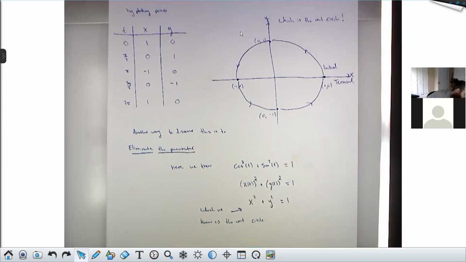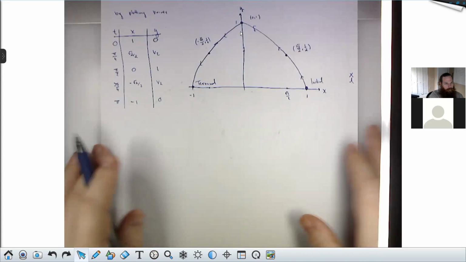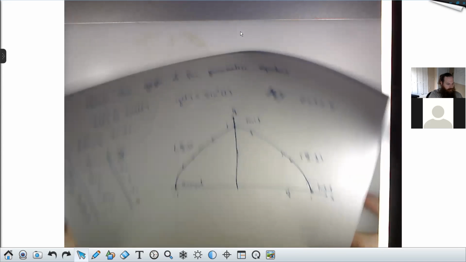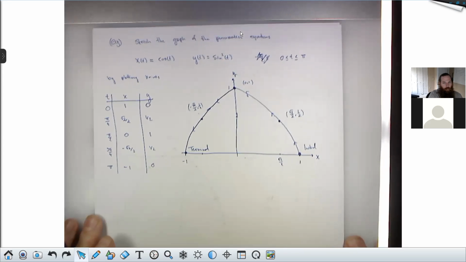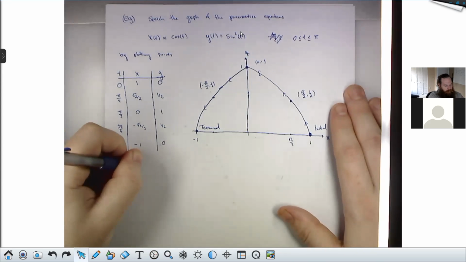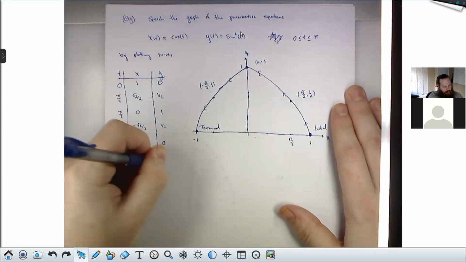Let me show you how this looks on the last example. So the way this will be phrased in the problems is eliminate the parameter to get an equation involving x and y. Can we eliminate the parameter here?